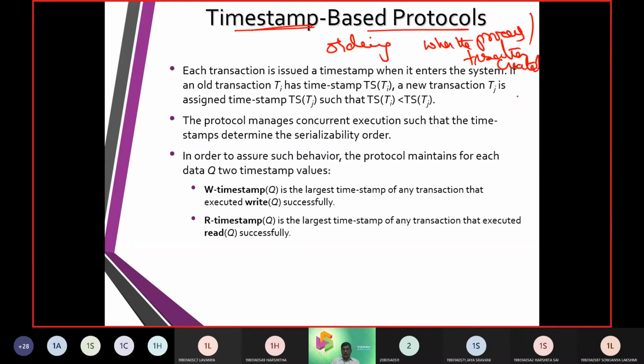When the transaction is created, or when the transaction makes a read, or makes a write on a database, it is going to be ordered with a read timestamp or with a write timestamp.